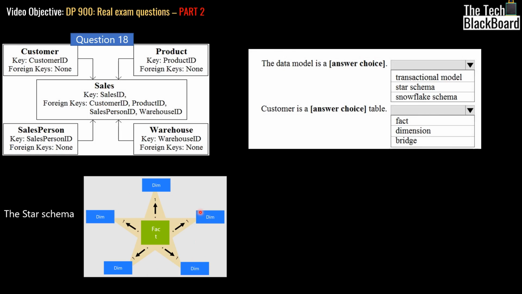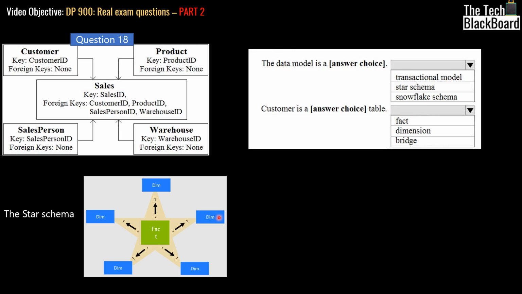These related parties are also known as dimensions. This is how a star schema is modeled, and it actually looks like a star, with a fact in the center and spokes coming out. So this is basically a star schema.